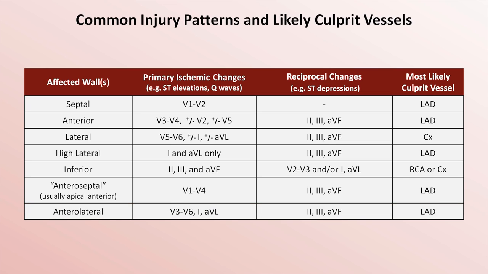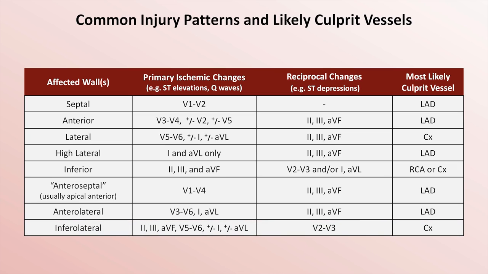Anterolateral MIs are a combination of findings of an anterior MI and a lateral MI and are always due to LAD occlusion. Finally, inferolateral MIs are a combination of findings of an inferior MI and a lateral MI. They are due to circumflex occlusion in a patient with left dominant circulation.